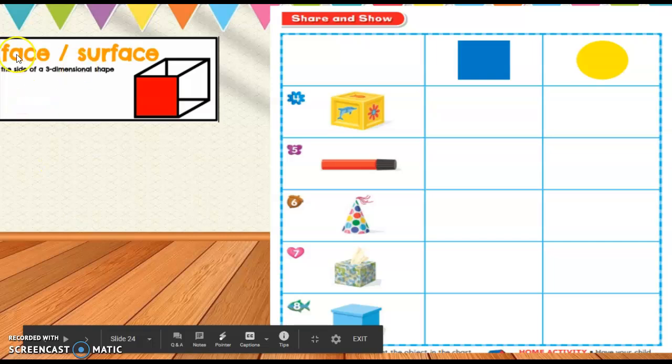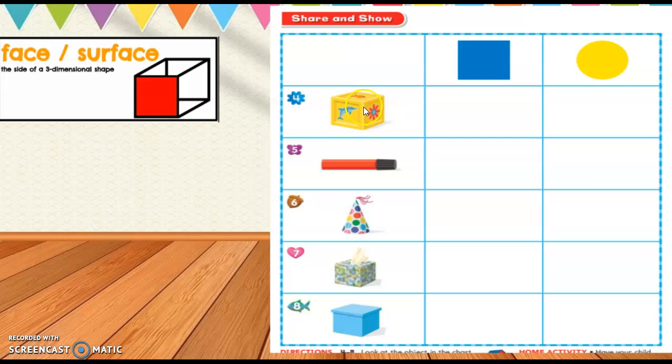So remember, a face or a surface is the side of a three-dimensional shape. So we're going to be looking at the sides or the flat part of the objects. So let's look at this block. What type of surface do you notice for this block? Is it the surface of a square or the surface of a circle? Yes, a surface of a square.